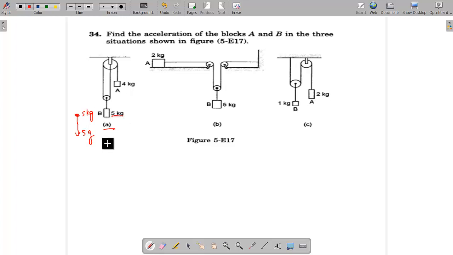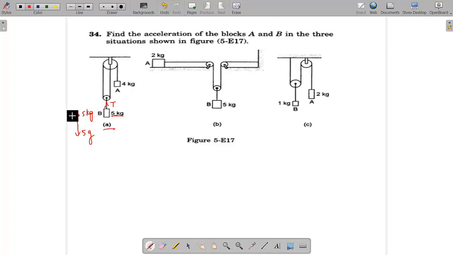Where is the normal contact force here? The tension is there, right? So the tension is upwards. How is it 4g? The tension, how do you know? That is okay, but how do you know that it is 4g?